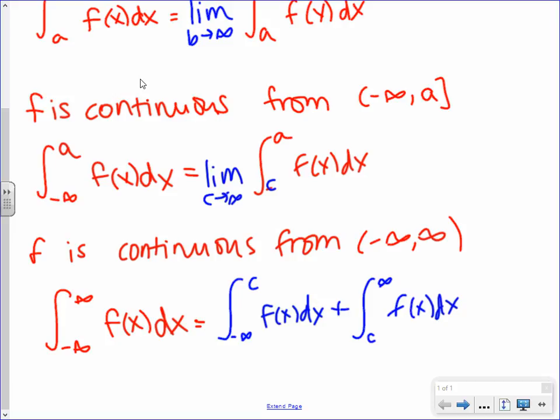Why do you have to break it up? Couldn't you just subtract the limit of negative infinity from the limit of positive infinity, all in one? No. Because we have to replace infinity and negative infinity with a letter. And so if we have to replace both of them with a letter, we have two different, oh, I see what you're trying to say.